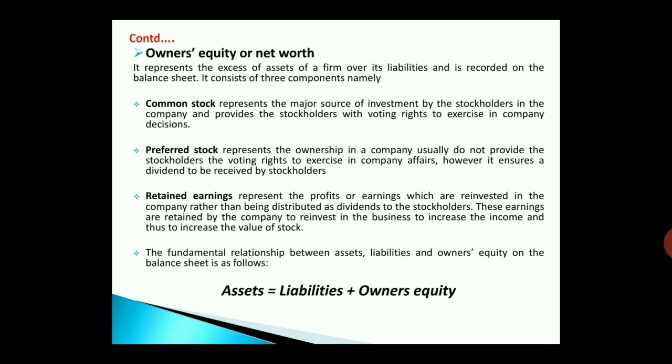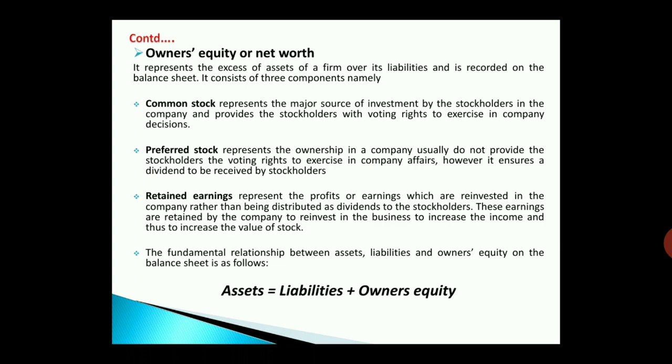So what you have as an asset which is extra than your liabilities, it becomes owner's equity or net worth. Okay, it becomes what? Owner's equity or net worth. It is divided into three parts. Common stock, which represents the major source of investment by the stockholders in the company and provides the stockholders with voting rights to exercise in a company.